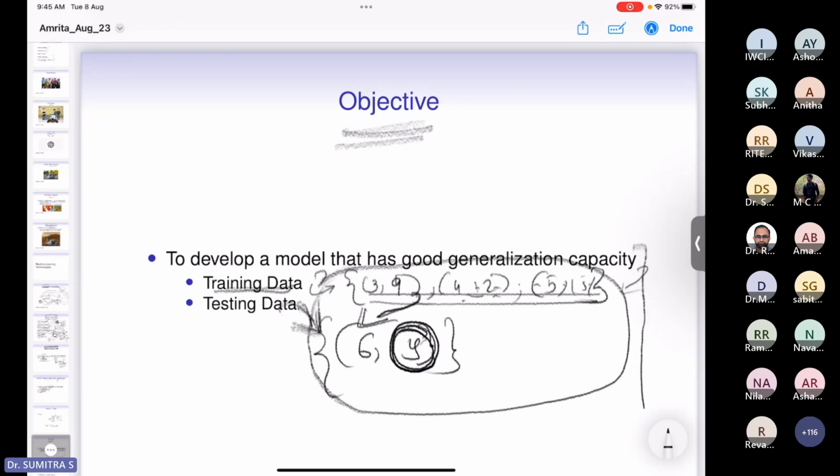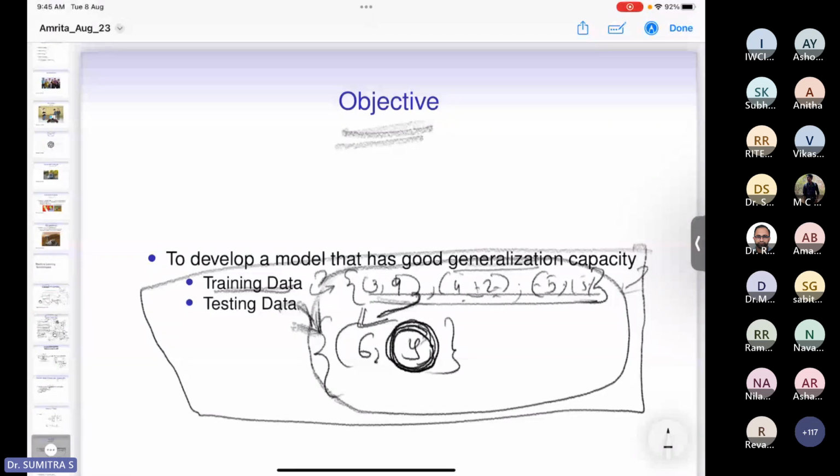When we are satisfied, we can say we have finished our model development. Generalization capacity means the model should work well on data which we have not used for developing the model.